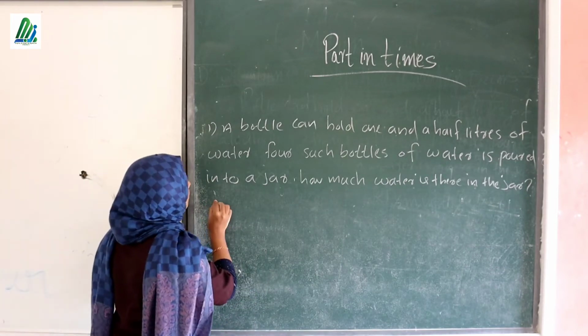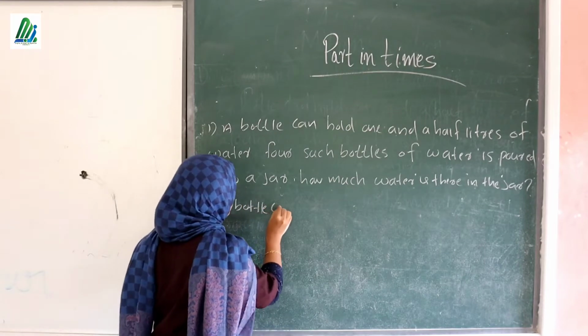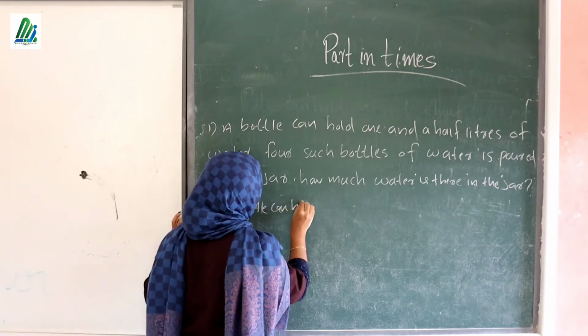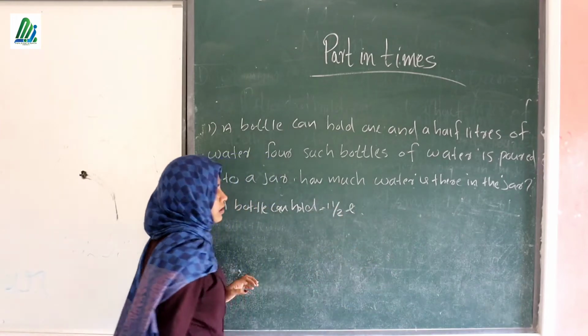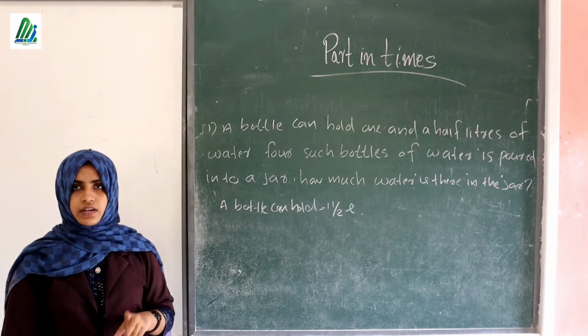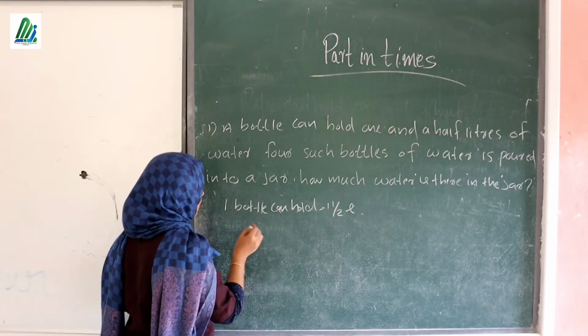So a bottle can hold 1.5 liters of water. One bottle holds 1.5 liters.